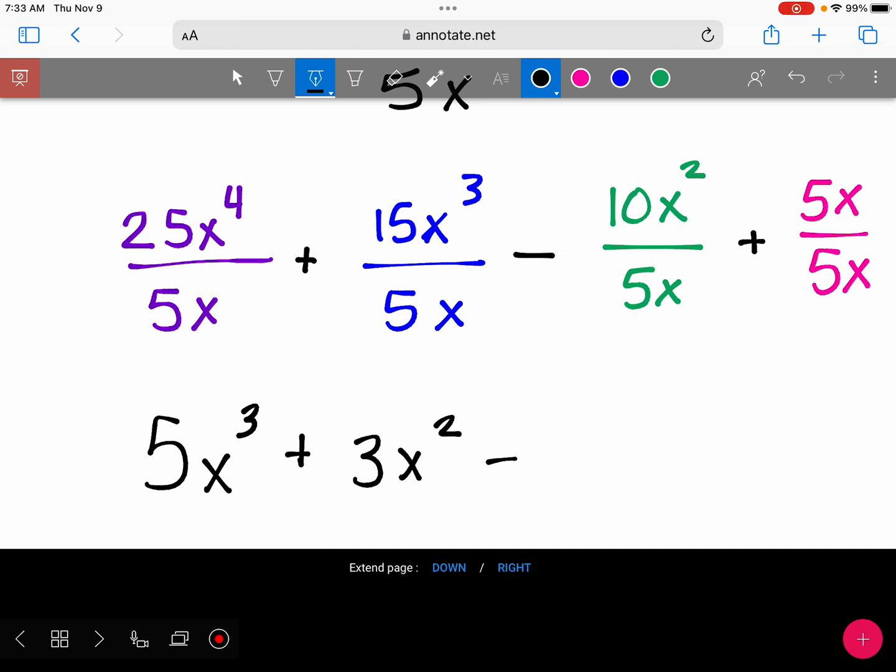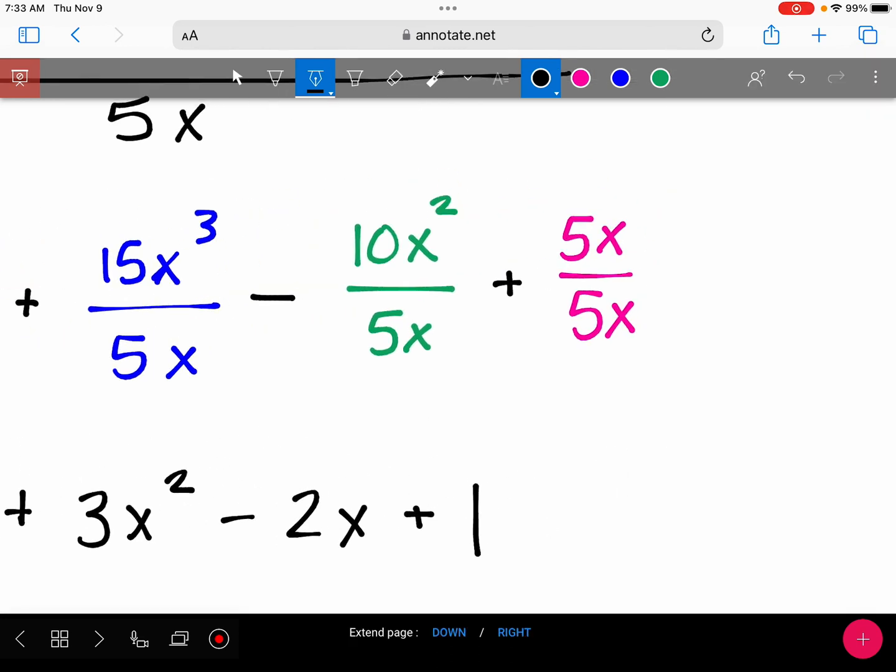10 divided by 5? X squared divided by x? Is just x by itself. And 5x over 5x cancels out, which leaves us with what? 1, not 0. 5 over 5 is 1.